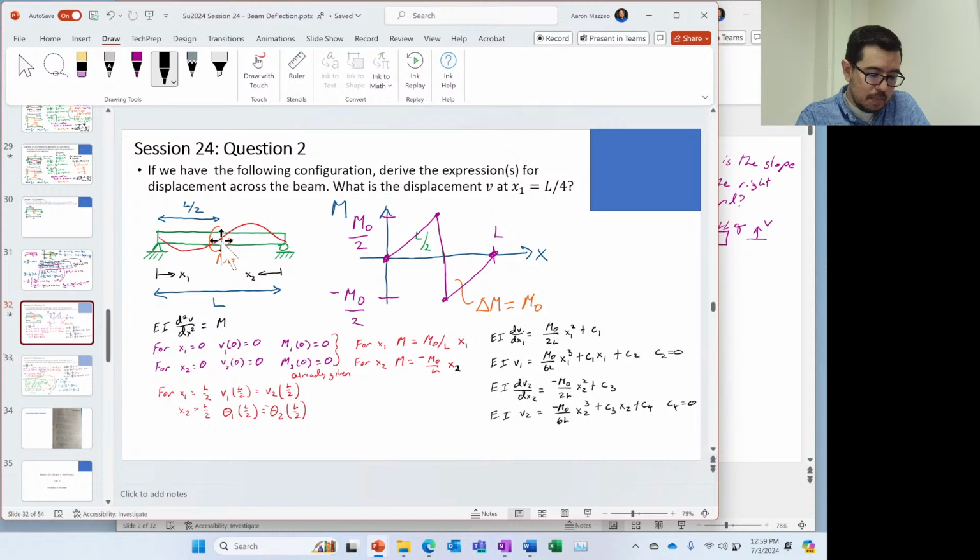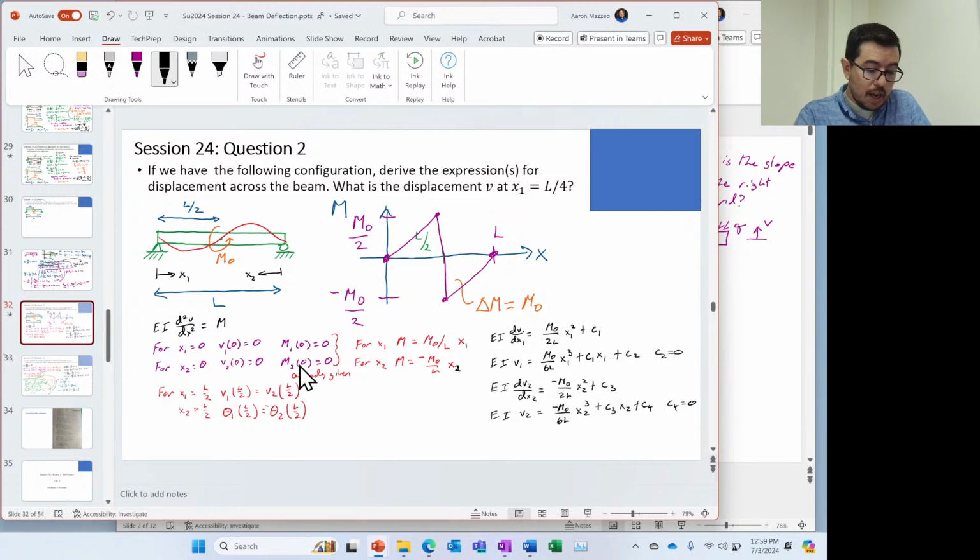The displacement is the same at the middle. The slope is equal to negative the slope coming from the other direction at the middle. And the left and right sides have 0 displacement. So those are still three sets of boundary conditions.